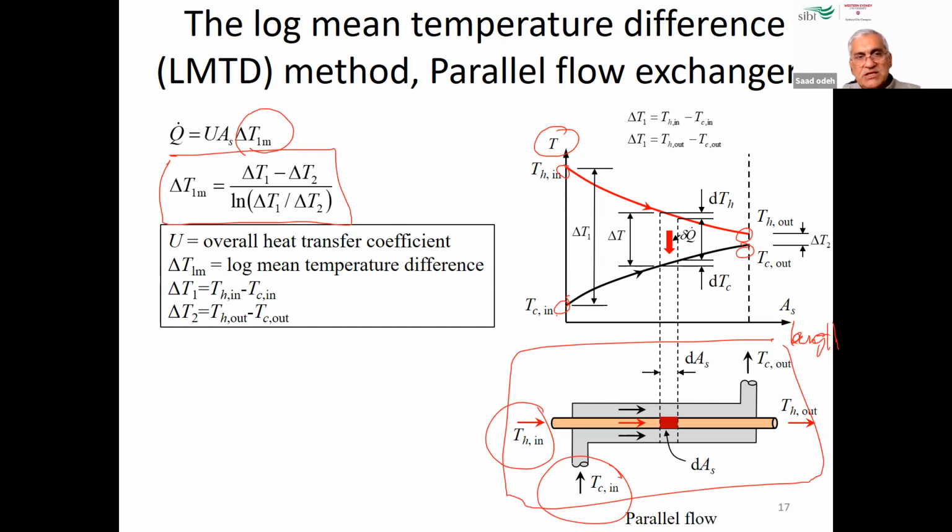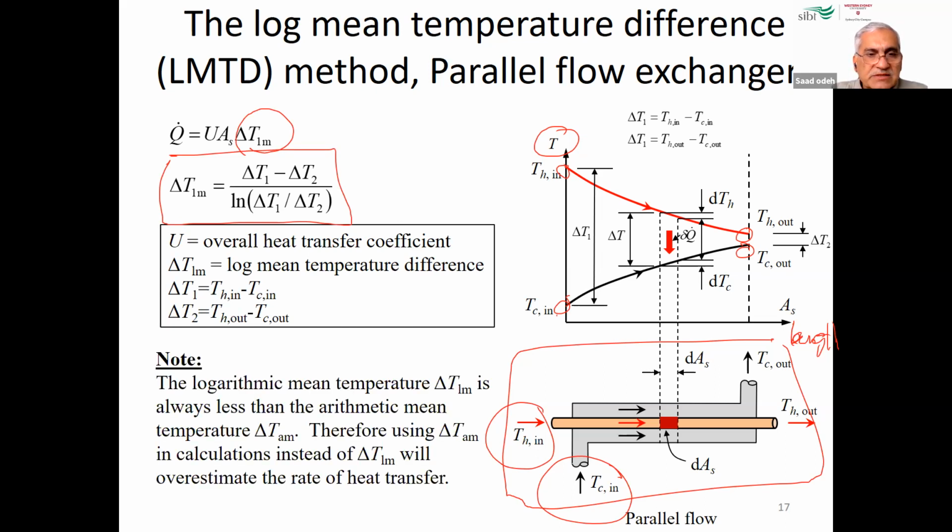So in the heat exchanger, no more temperature difference like the arithmetic mean temperature, which means that we should say T surface minus T fluid. We have to refer to the logarithmic mean temperature.